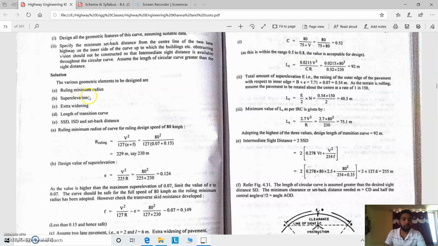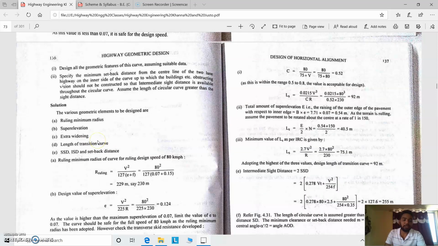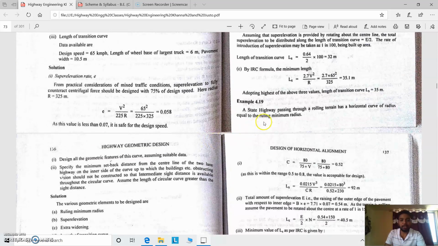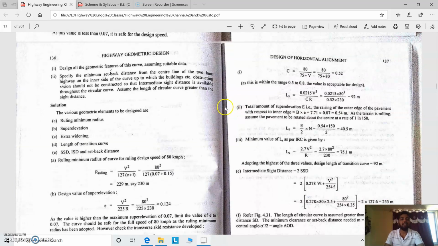Before calculating, we need the value of r. That r may be calculated using e plus f, that is using the super elevation formula. And here the speed is not given in the question. Instead they have given state highway. That means the speed of the vehicle is considered to be the maximum to its capacity, that is 80 kmph on a state highway.